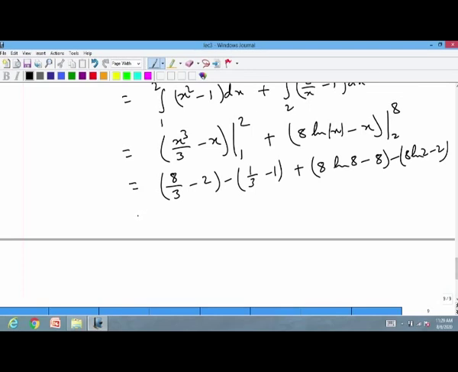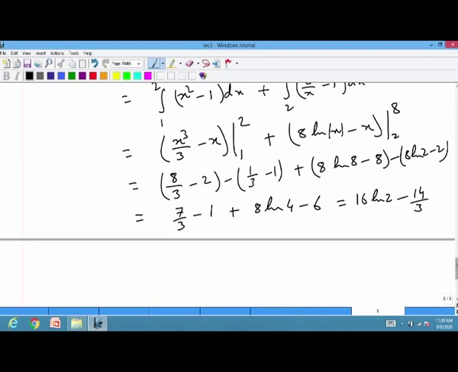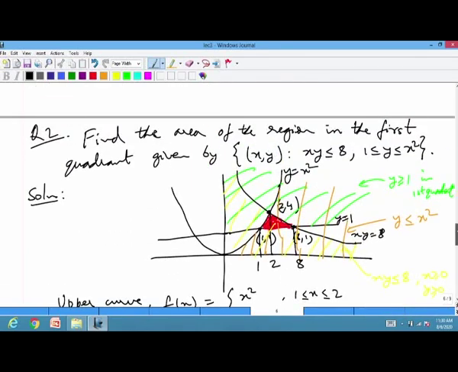And this is equal to 7 by 3 minus 1 plus 8 log 4 minus 6, which is equal to, since 8 log 4 is the same as 16 log 2, 16 log 2 minus 14 by 3. So, this is the answer for this.